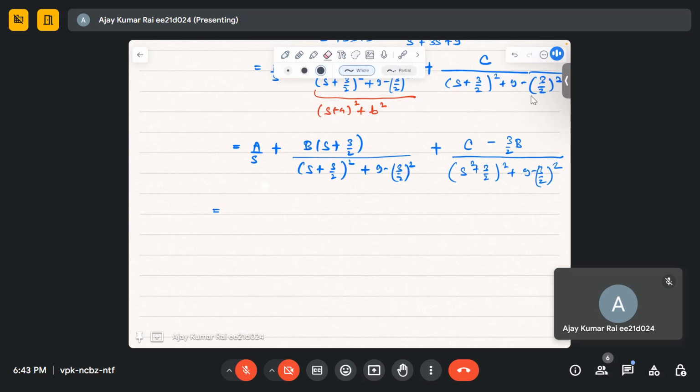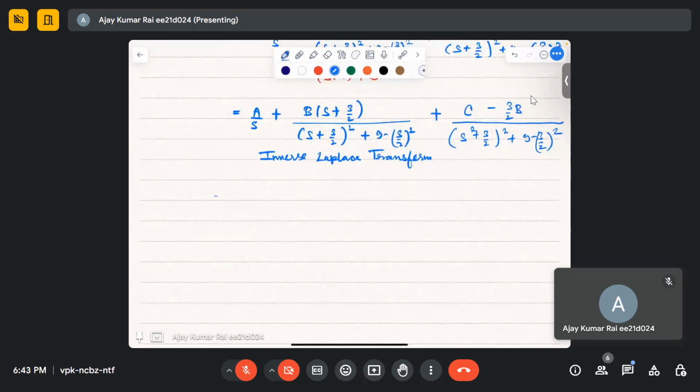Now you take inverse Laplace. So what you will get, this will be a, plus, you're not concerned about the coefficients.